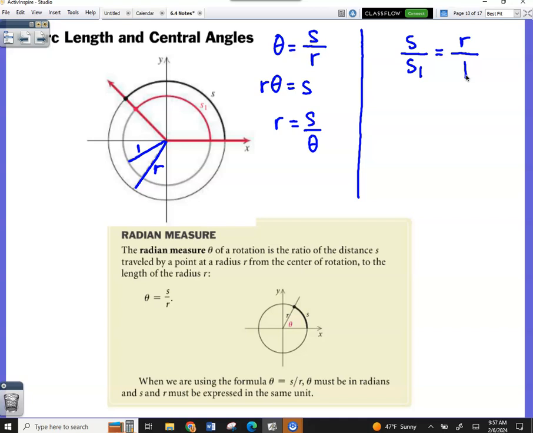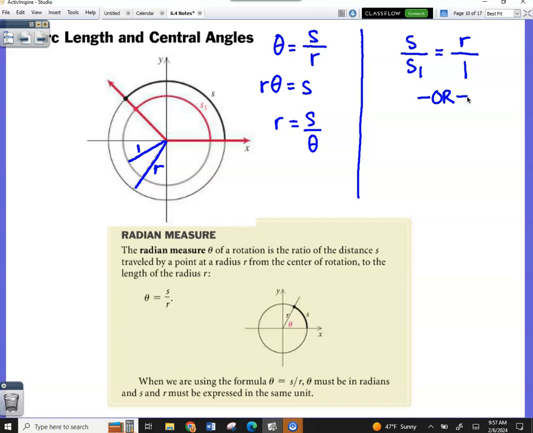Now we're going to cross multiply. So this is the proportion that represents this picture. I don't like that R and S are on opposite sides, so I'm going to cross multiply this S sub 1, which is being divided.